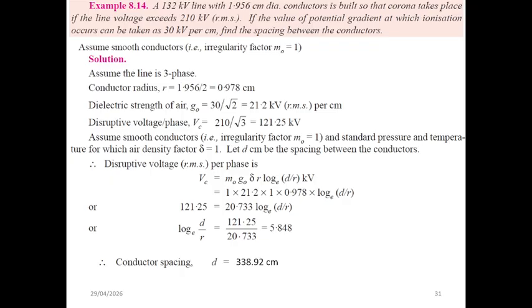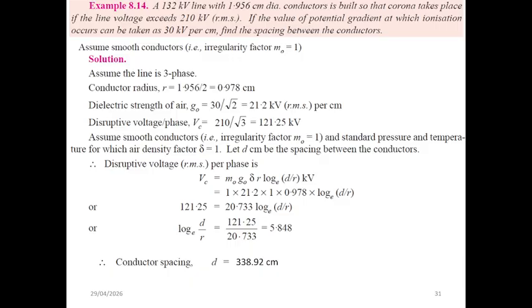Since the ionization potential gradient is 30 kilovolt per centimeter, the dielectric strength of air under RMS conditions becomes 22.2 kilovolt per centimeter after dividing by square root 2.